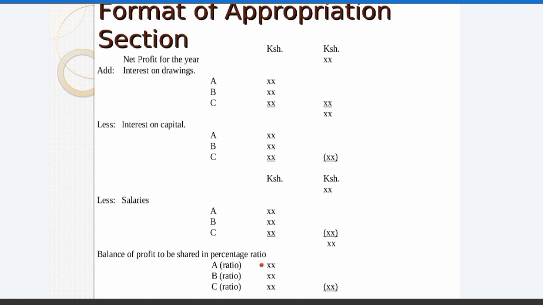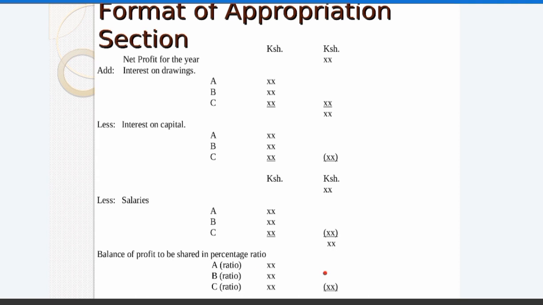So at the end of the day, this profit, with the interest on drawings added, will be reduced by the interest on capital, which will be reduced by the salaries paid to partners. And as I again said, remember, do not confuse the salaries to the partners with salaries to the other types of staff.